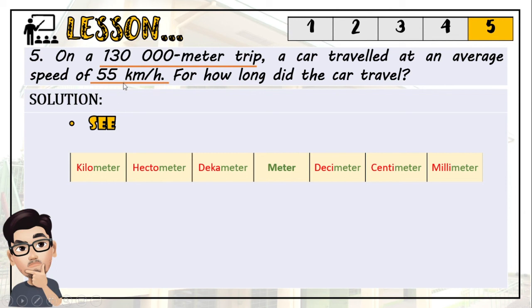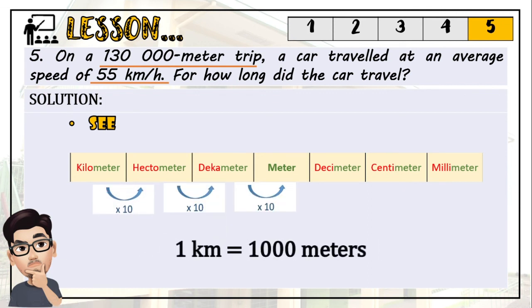A kilometer is a larger unit than the meter, and they are both members of the metric system units for length. So we need to convert meters to kilometers, from a smaller unit to a larger unit. So 1 kilometer is equal to 1,000 meters.